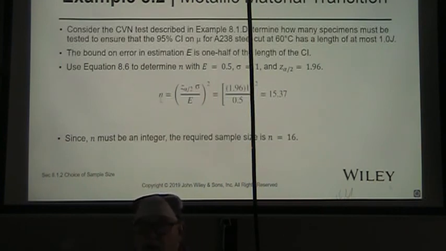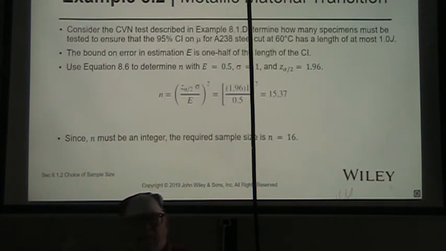All right, so n equals the quantity z alpha divided by 2 times standard deviation divided by e, that quantity squared. We substitute in our numbers: 1.96 times 1 divided by 0.5, that quantity squared is 15.37.